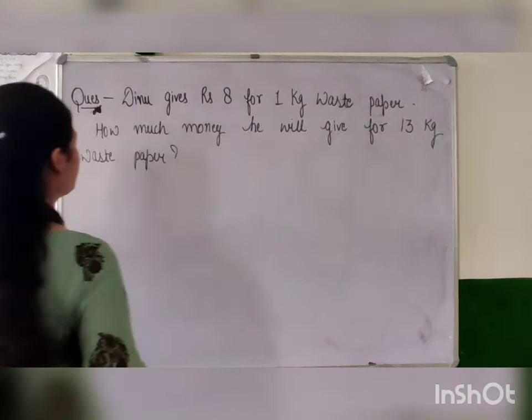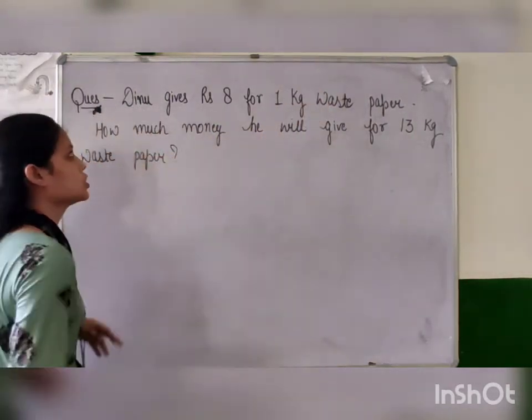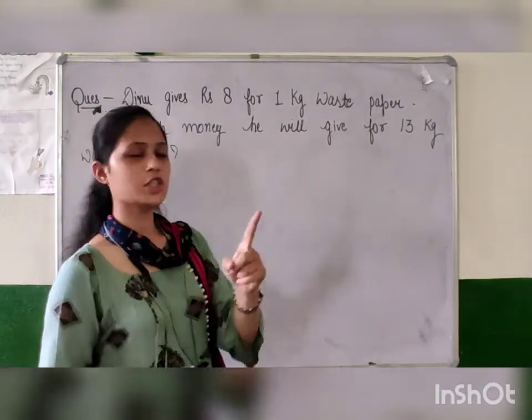Next question is, Dinu gives rupees 8 for 1 kg waste paper. So Dinu is giving rupees 8 for 1 kg waste paper.